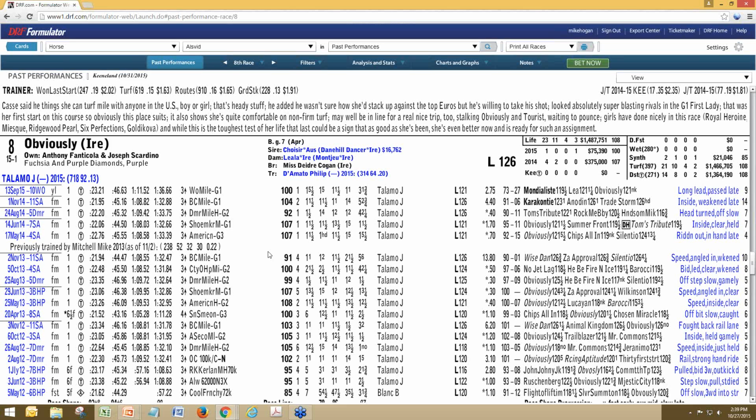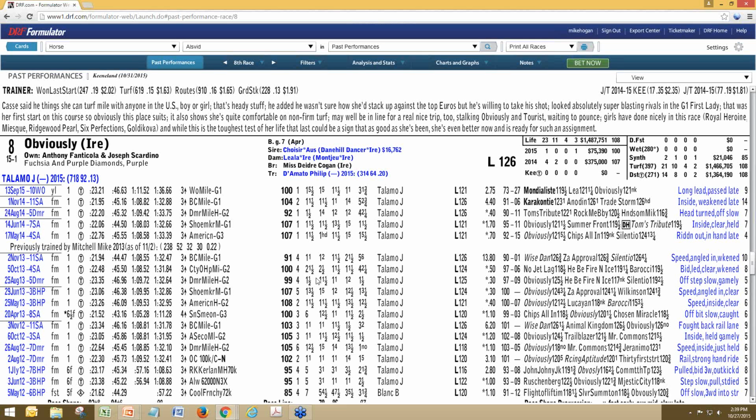Last year, they started him a little bit later in the year, and it seemed to help his performance a bit when he got to the Breeders' Cup. And now this year, they backed him up even further. So the object is to try to get Obviously to peak in the Breeders' Cup Mile. I don't know if we're going to see that, but from a pace perspective, it certainly does make it interesting because you're going to have Obviously winging on the front end.